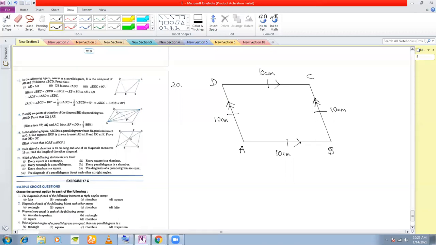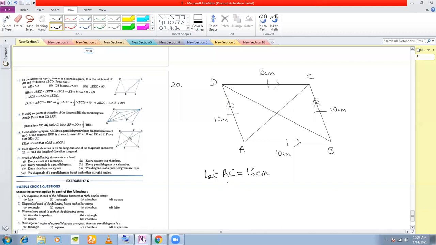What are the diagonals? Let's join the diagonals, and you can take any one of the diagonals to be 16 centimeters. So this is one diagonal, and this is the other diagonal. Let us assume diagonal AC is equal to 16 centimeters.